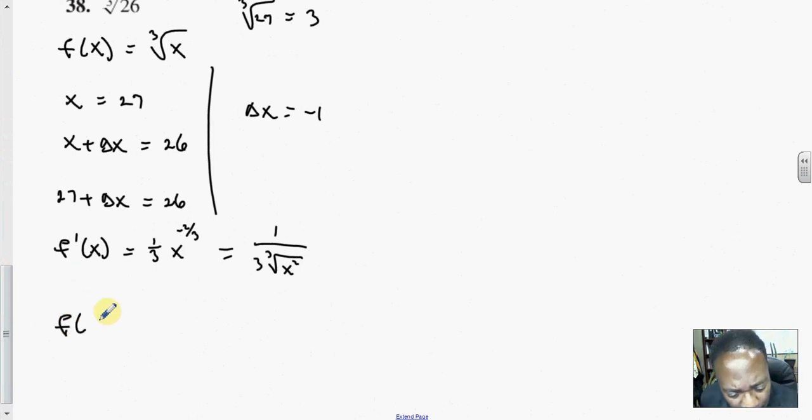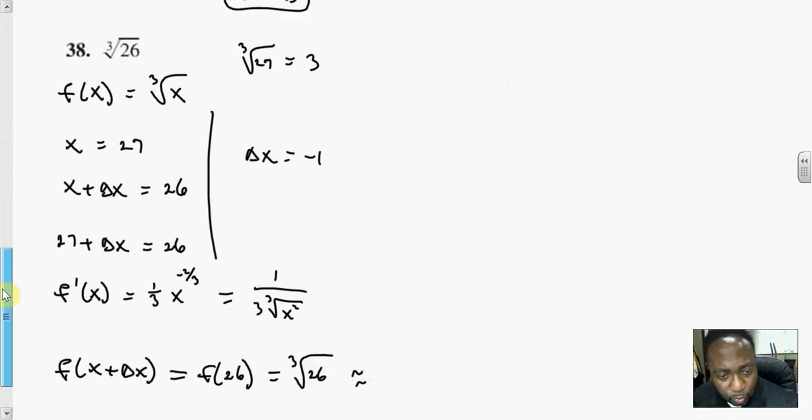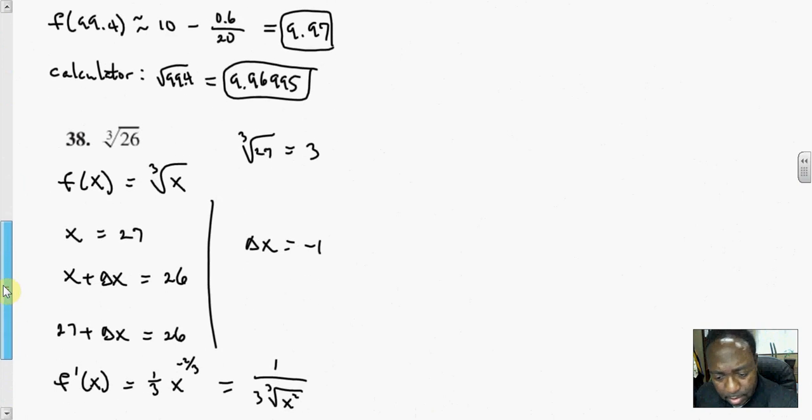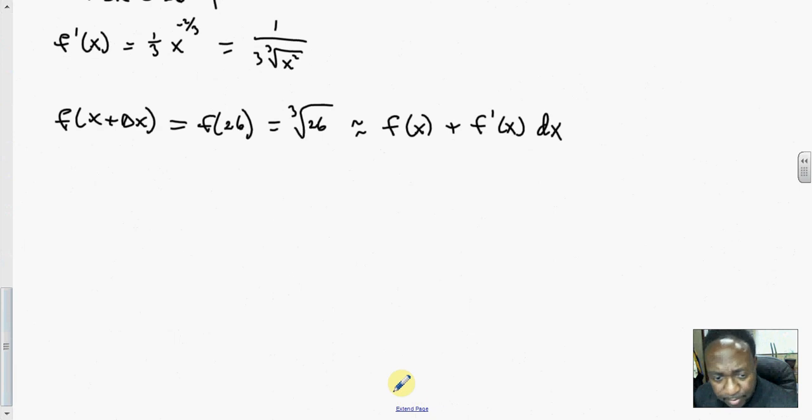So f of x plus delta x, what we're looking for, is f of 26, the cube root of 26, and it is approximated using the form we got here. It never changes: f of x plus f prime of x dx. We got the dx. We got everything we need.